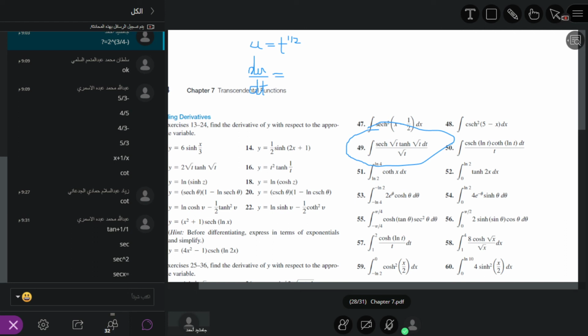It is equal to 1 divided by 2 t power 1 by 2.